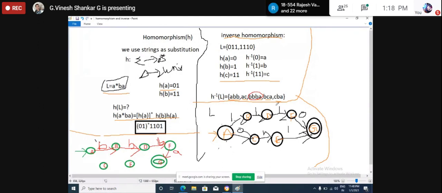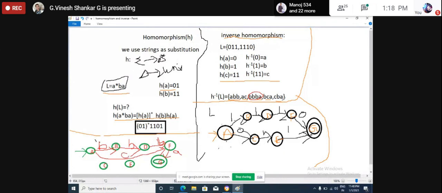BCA is also there, no? For this BCA, because one is very simple, one is B. The second one, taking 2 ones at a time, that is C. So directly you can go from A to F with C. Why like that?